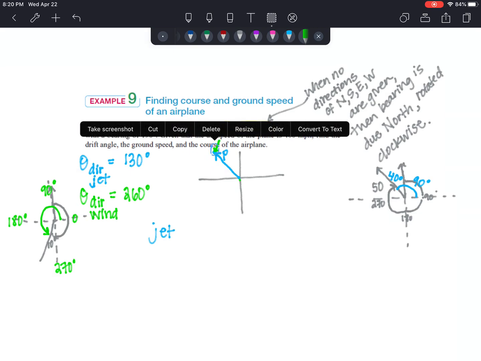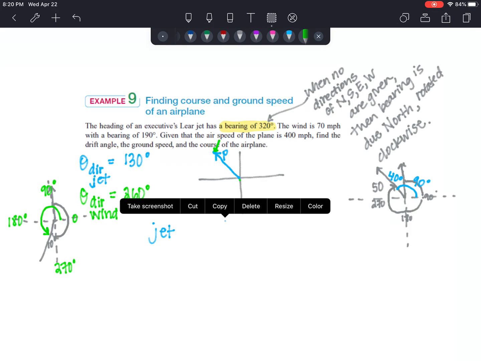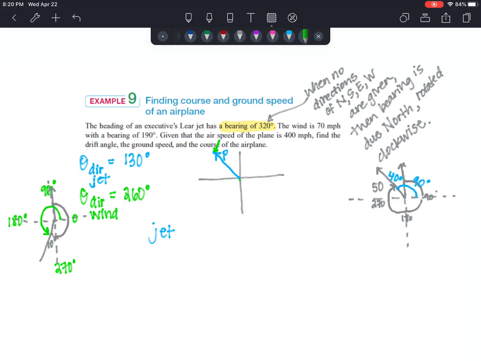Because the magnitude is only 70 miles per hour, it's not going to be strong enough to push it all the way horizontal to the x-axis, but it's going to push it enough that it's going to make a difference. So it's going to end up looking something maybe like that. This angle right here in between, that's the drift angle.